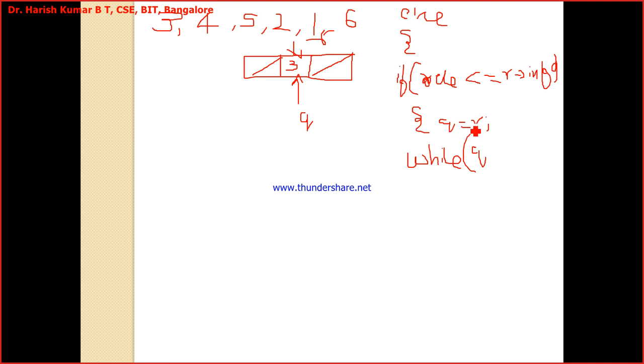Here Q is equal to R, and while Q arrow left link is not equal to null, I should be doing Q is equal to Q arrow left link.